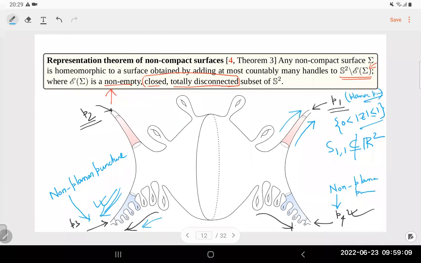I mean, there exists a neighborhood which can be embeddable in the plane. So up to homeomorphism, you just need to delete a closed, totally disconnected, non-empty subset from the sphere, then you have to add handles. This will give all surfaces. You will see why I'm considering closed and totally disconnected, these two words, at the end.